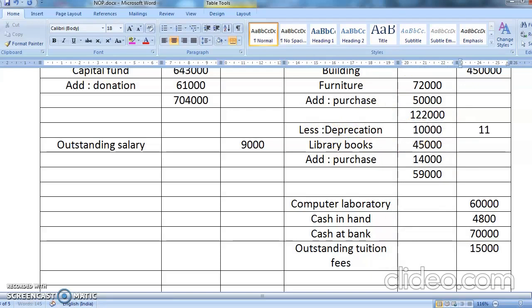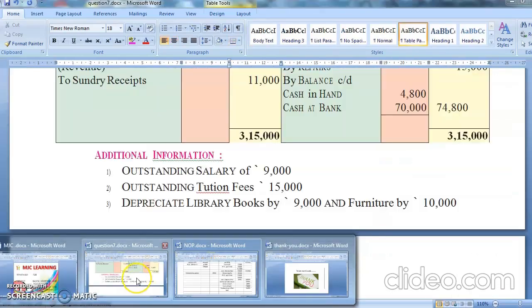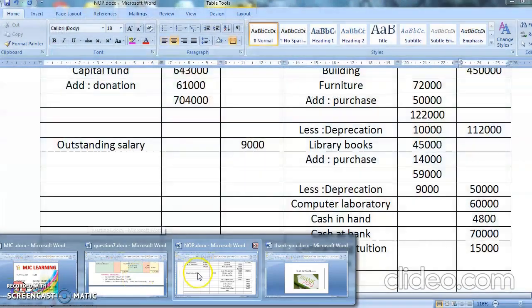So this becomes 1,12,000, and you have depreciation here also, depreciation on library books and depreciation on furniture. The depreciation of this was 9,000. So this becomes 50,000. Correct?